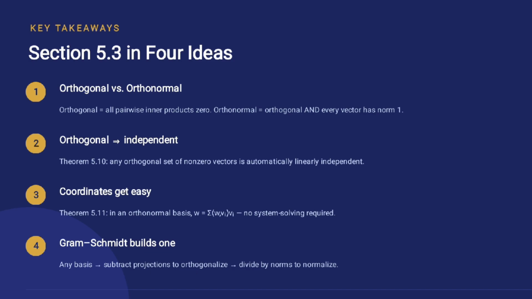Third, orthonormal bases make it much easier to find vector coordinates because each coordinate is simply an inner product. And the fourth one is the Gram-Schmidt process converts any basis into an orthonormal basis by orthogonalizing and then normalizing the vectors. So that concludes our presentation for this video.